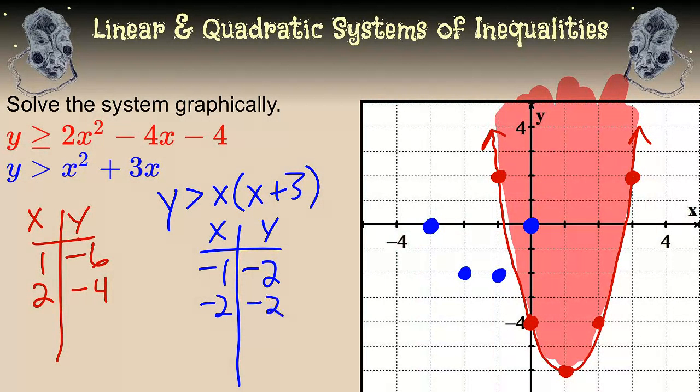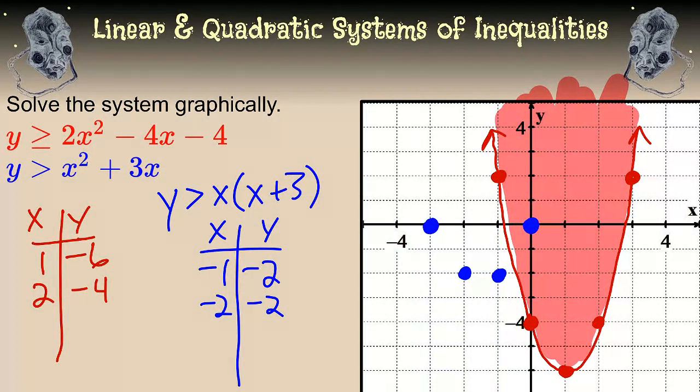So what I'm doing there is I'm noticing things about the structure of parabolas in order to get points more easily. Structure in mathematics is really where a lot of the beauty is found, in my opinion. So because we do not have an equal sign here, it's a dotted line. And my vertex is going to be somewhere right here.